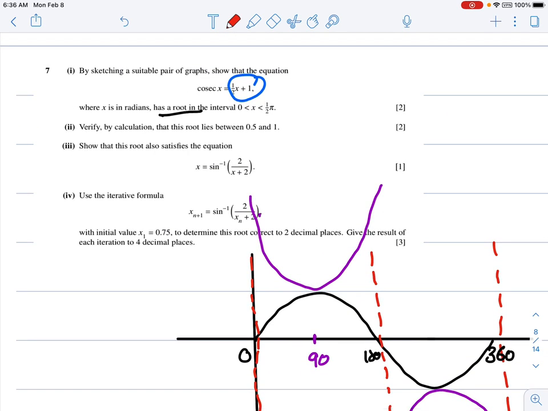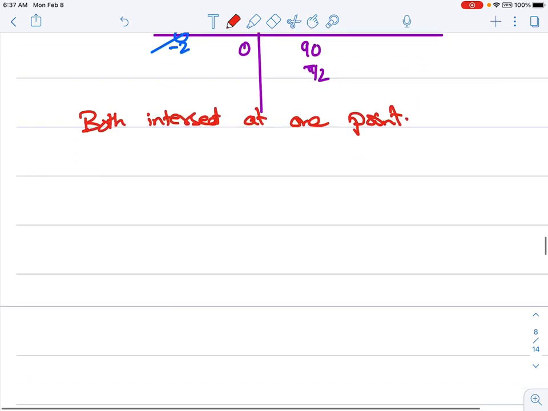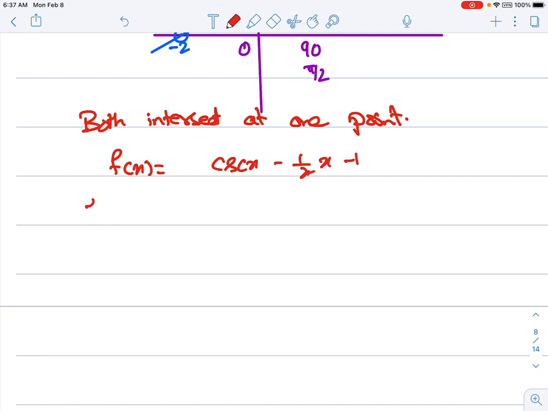Just a 2 marks question. Verify by calculation that this root lies between 0.5 and 1. So let me make f of x equal to cosecant x minus half x minus 1. Then substitute 0.5. Keep the mode of the calculator in radians.